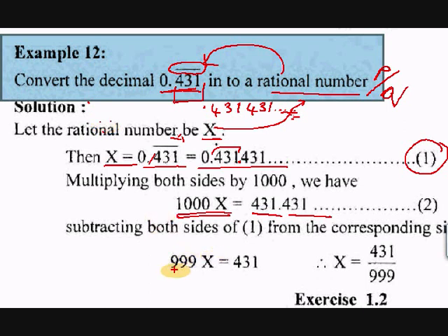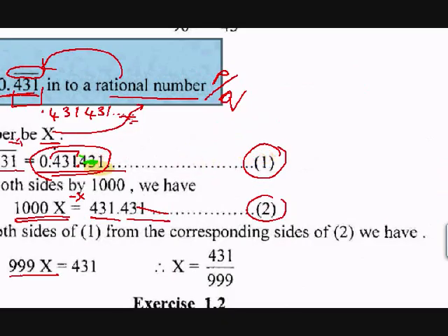This is the second equation, obtained by multiplying by 1000. We subtract the first equation. When we subtract x from 1000x, we get 999x. The repeating parts go off on either side, since they are repeating numbers.